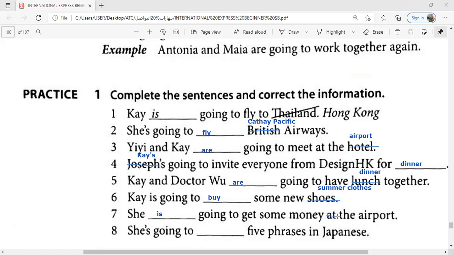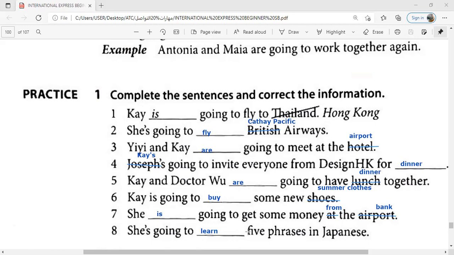What do you think? She will get money at the airport? No, from the bank. Thank you. Bank means from the bank. Okay. She is going to learn 5 new phrases in Japanese. 10.